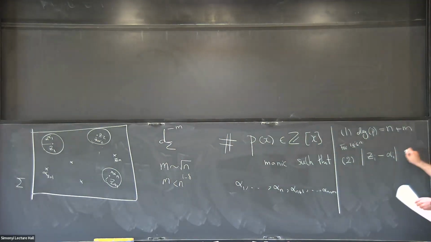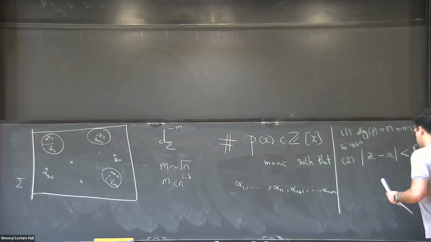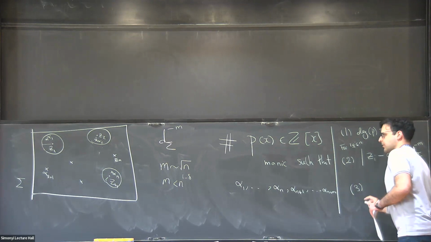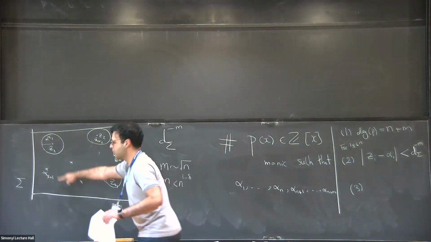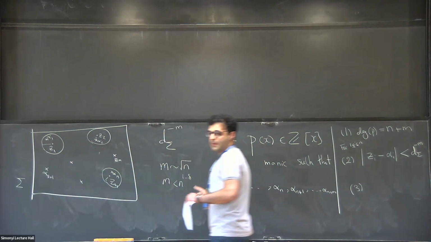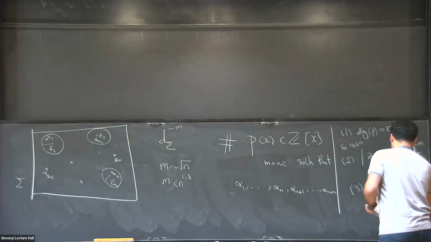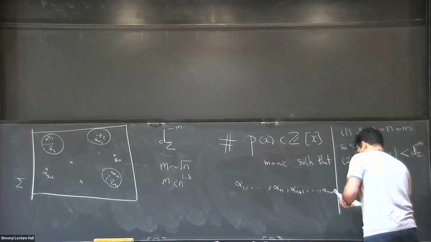This distance should be less than d sigma to the power minus m. And the third condition is that the roots have to be inside sigma. So I don't allow them to go away; they have to remain inside sigma, for j between 1 and n plus m.